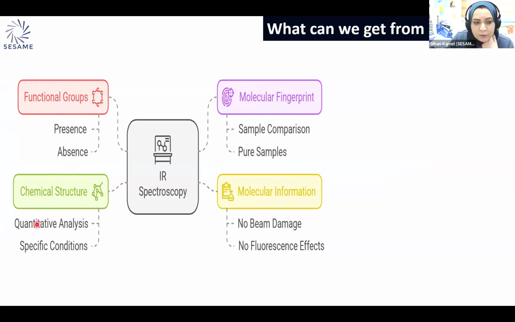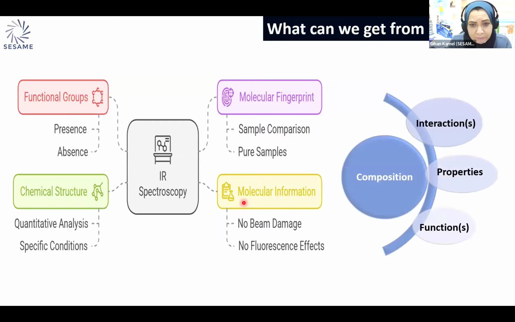Chemical structure, quantitative analysis. We can also get information about specific conditions, and about the molecular fingerprint, if you want to compare between different samples or identify pure samples. And we can also get molecular information without beam damage or fluorescence effects.